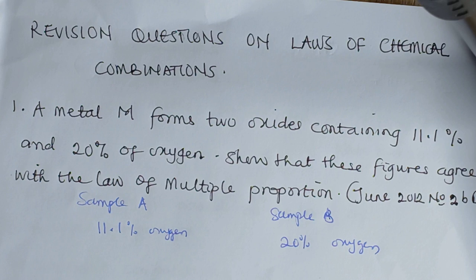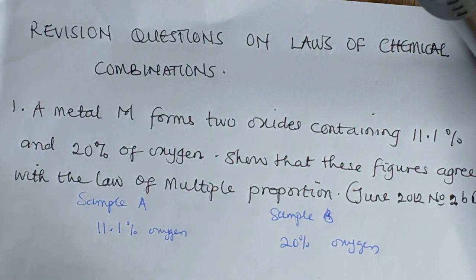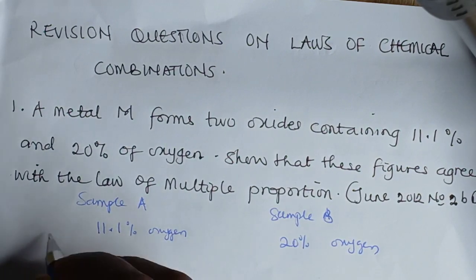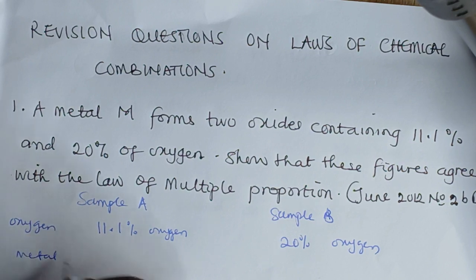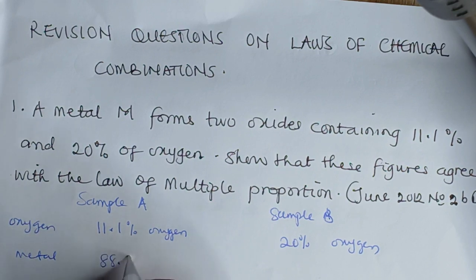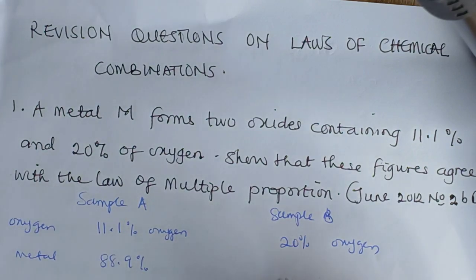So it means the total mass of the oxide is 100, while that of oxygen is 11.1. If that is the case, the mass of metal is what? The mass of metal in this case is therefore 88.9%, subtracting 11.1 from 100, while here it is 80%.